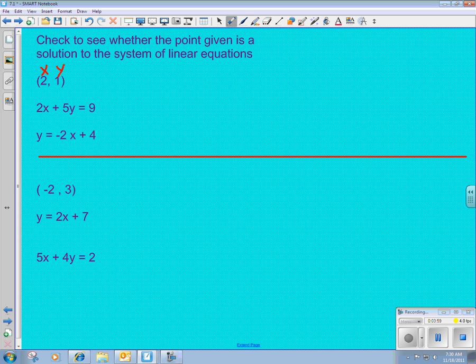The trick is you have to make sure it works for both of them. So you have 2 times 2 plus 5 times 1 equals 9. 2 times 2 gives us 4, plus 5 equals 9. So 9 equals 9. That is true. So that's our first piece.